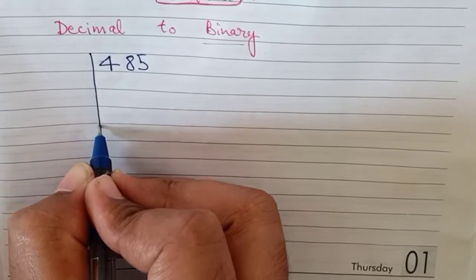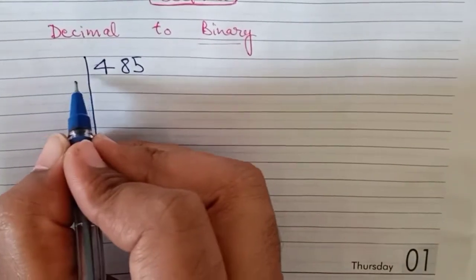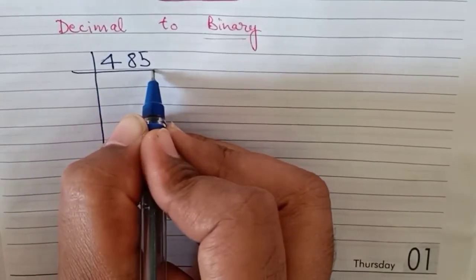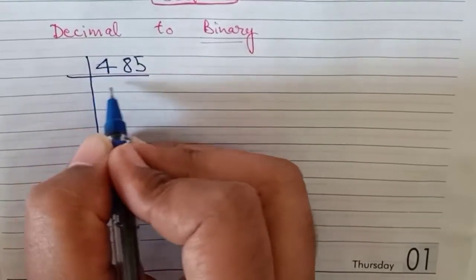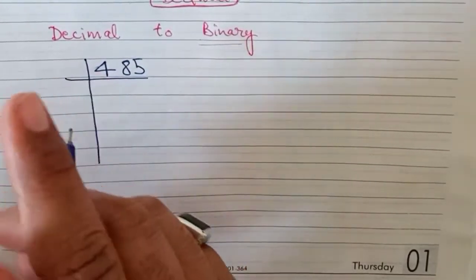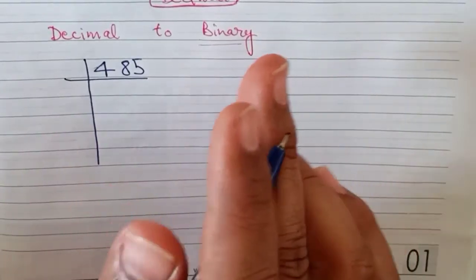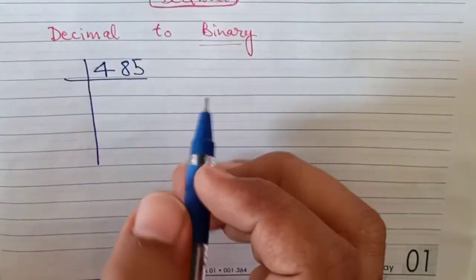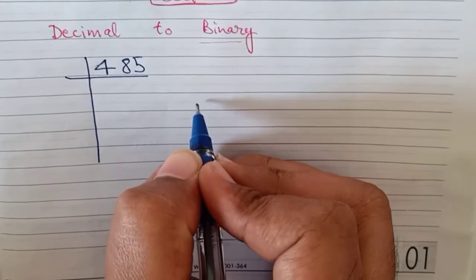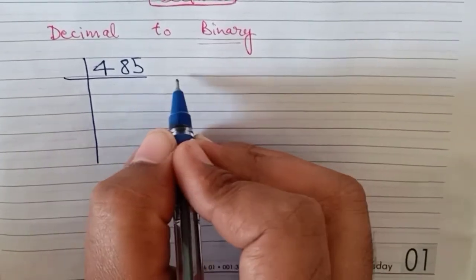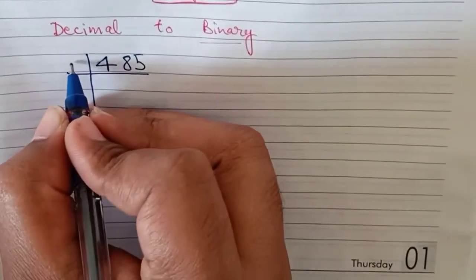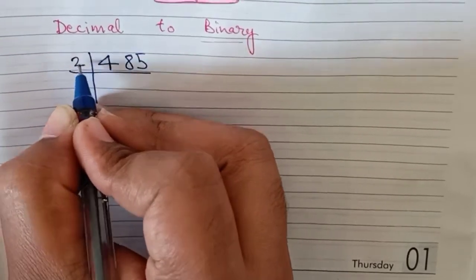We draw a line like this for division, and how you divide is totally up to you. We are concerned only with the remainders that we get after each division. So first we divide it by 2.